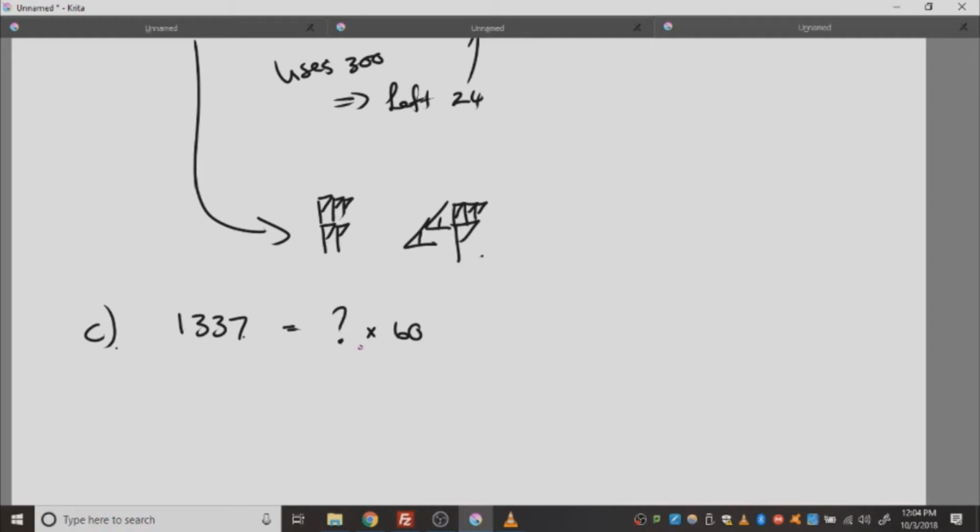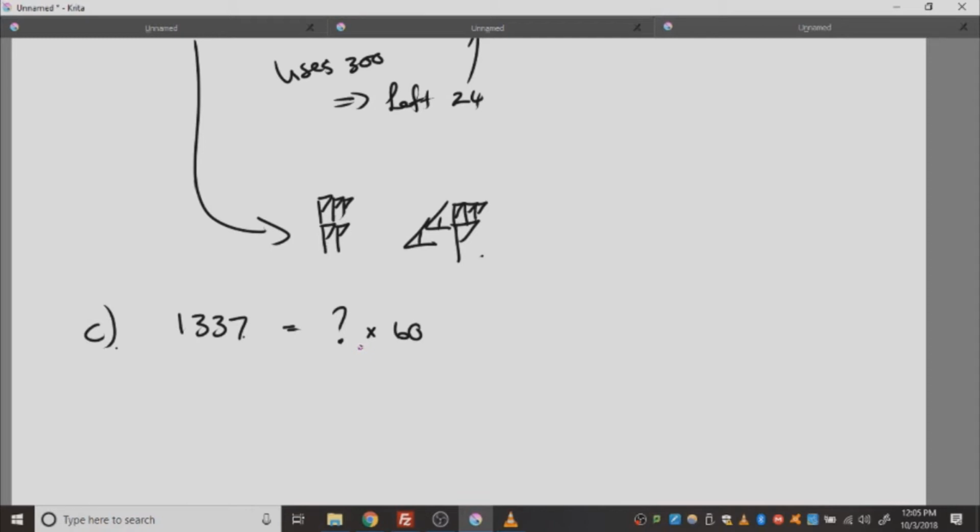But suppose you don't want to do mental math. Put in 1,337 divided by 60 on your calculator. What do you get? You don't get 22.